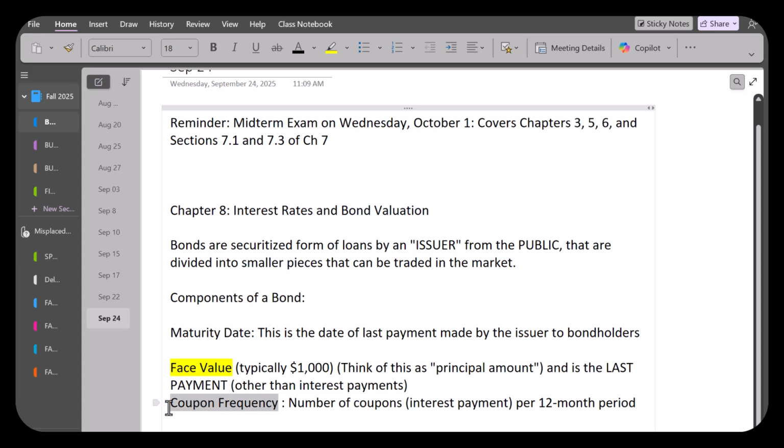Most, if not all, but a very high proportion of U.S. Treasury bonds have two coupons per year. We call them semi-annual. If they were paying coupons quarterly, coupon frequency would be 4. Not that you would ever see. If it's paying a coupon every month, coupon frequency would be 12, and so on and so forth.